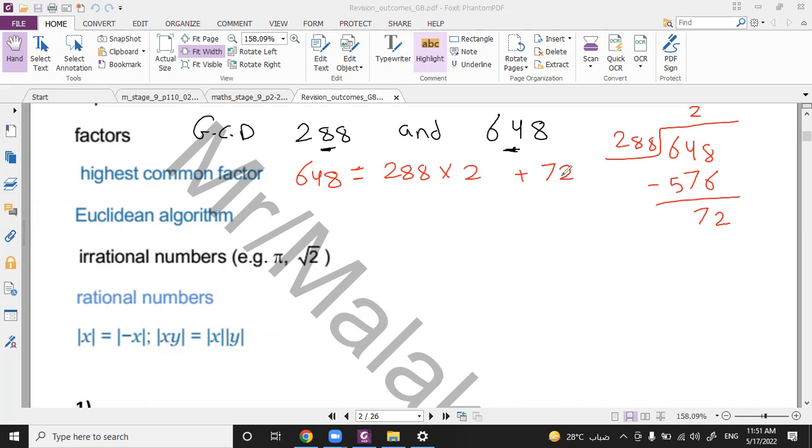What is the next step? To divide 288 by 72. Great. And dividing 288 by 72 leads you to get what? 288 divided by 72 equals 4.